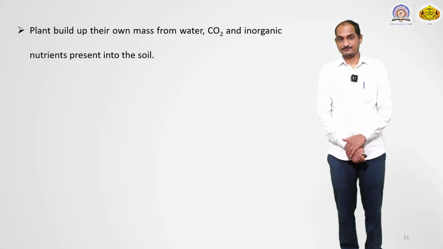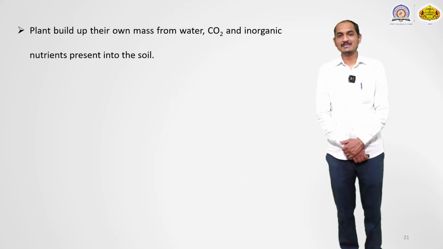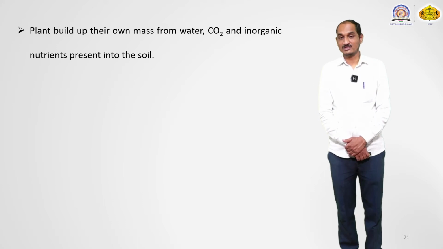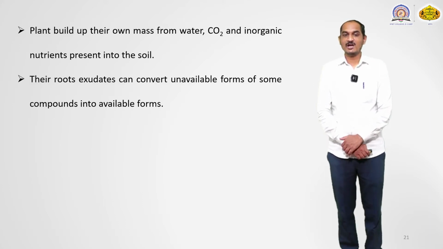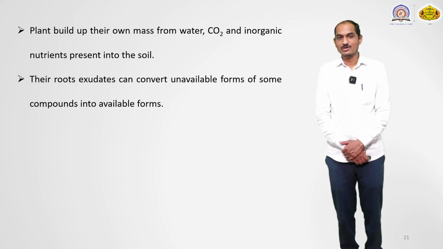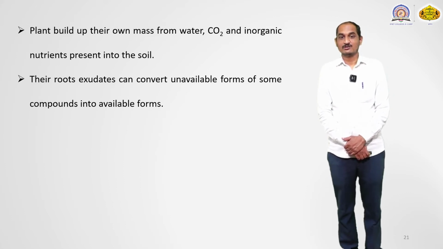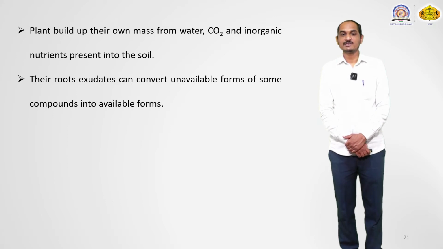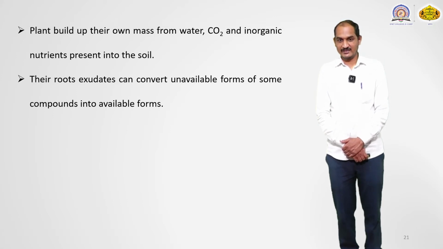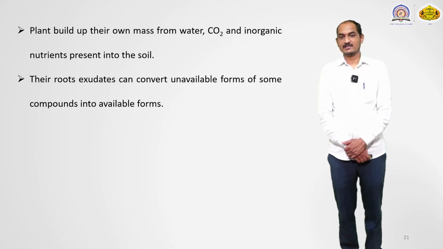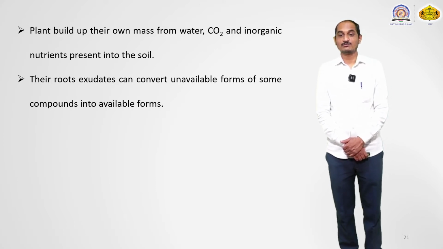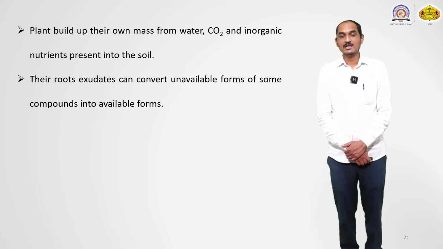So the plant builds up its own mass from water, carbon dioxide and the inorganic nutrients present in the soil. We know that this is the procedure by which a plant builds its own mass with the help of natural contents like water, carbon dioxide and inorganic nutrients from the soil. Root exudates can convert the unavailable form of some compounds into the available form.